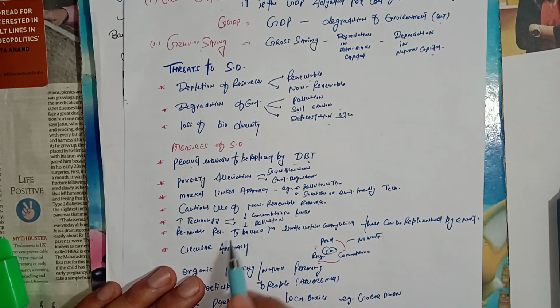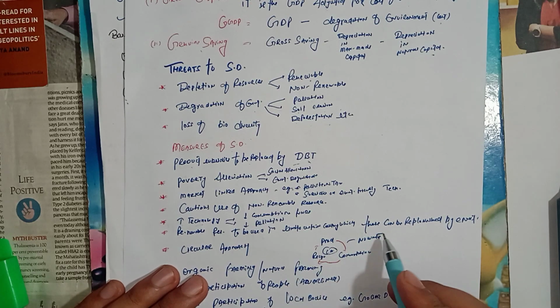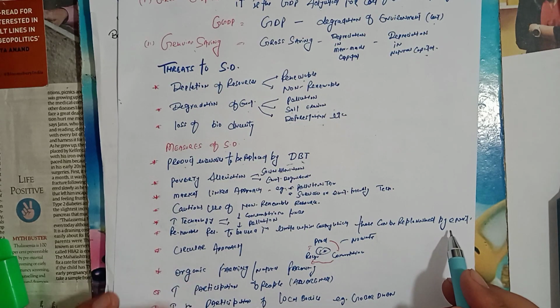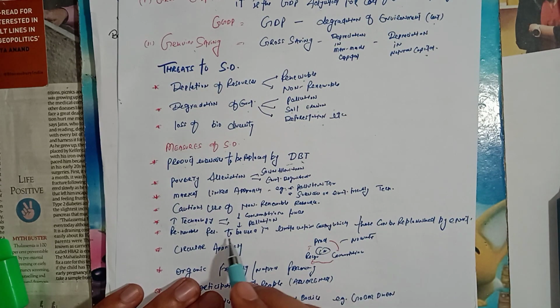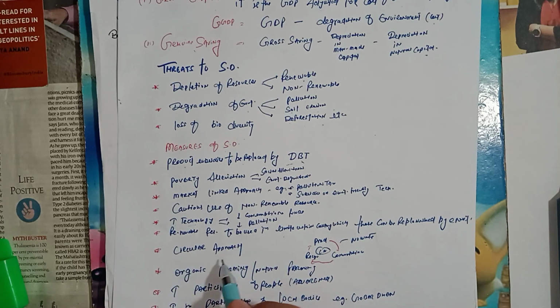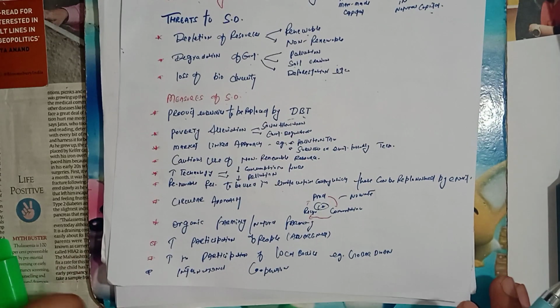Renewable resources are to be used within limits, so that they can be replenished by the environment. And a circular approach is to be adopted.